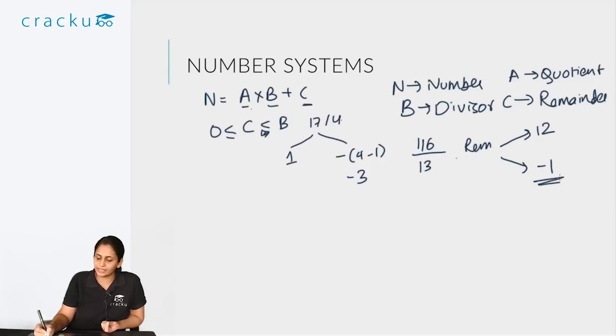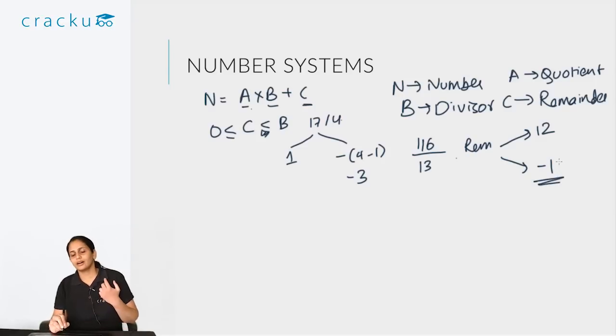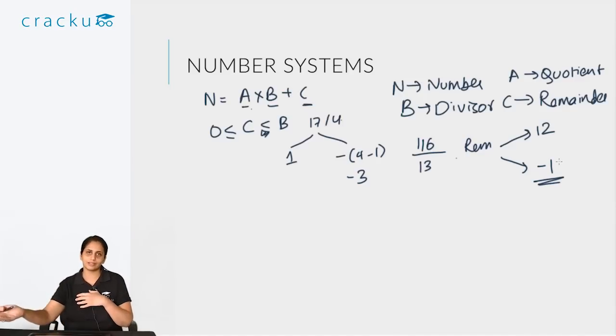The benefit of writing it as minus 1 is that it is easier to work with: if you have minus 1 as the remainder, you can multiply it across other remainders and the minus sign will generally cancel off, so it becomes easier. I will go into the basic properties of remainders later on, but just remember that you can write a remainder in a positive way, like 12, that is the amount left behind, or you can write how much is deficient to form the next multiple. That is how you can write remainders.